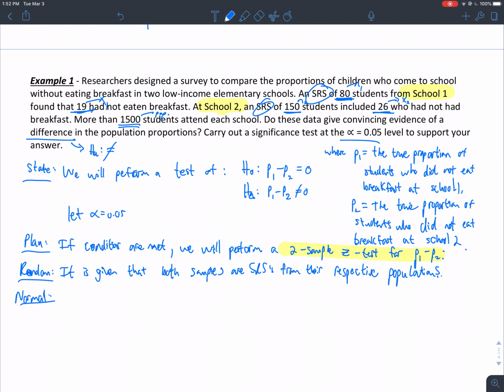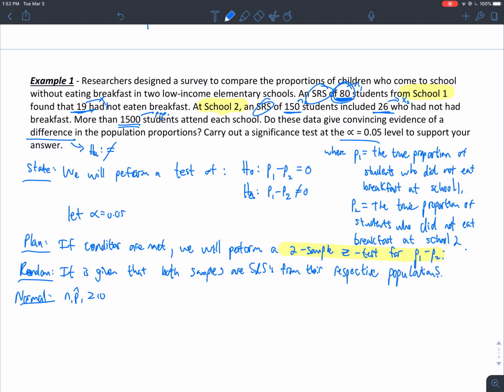Okay, so normal, I'm doing n1 p hat 1 greater or equals to 10, which is, if you do that math, this was 19 successes. Sorry. N1 is actually my sample size, forgive me.